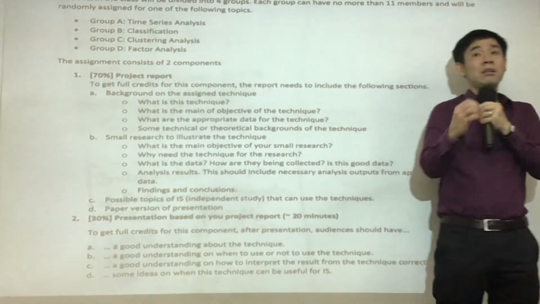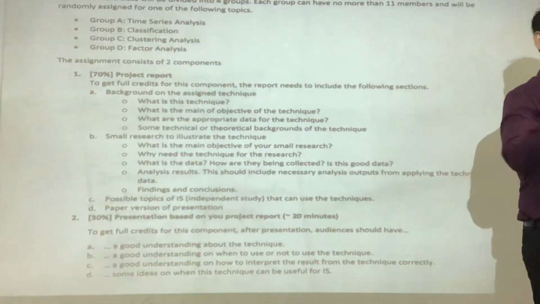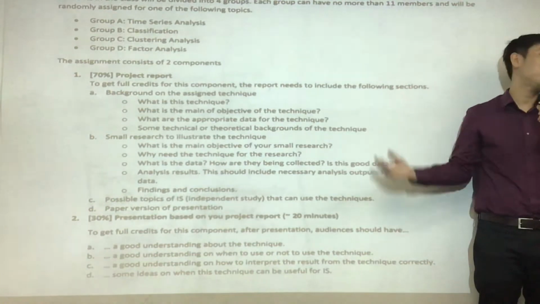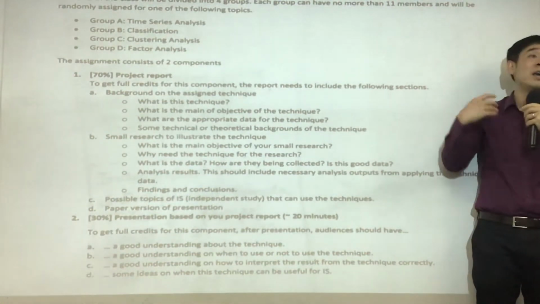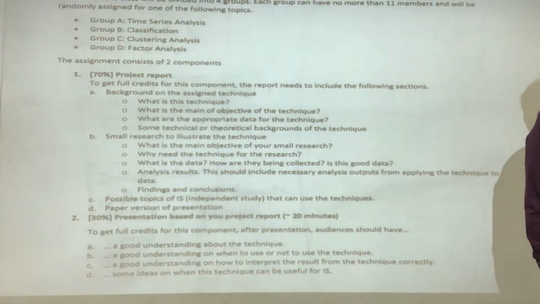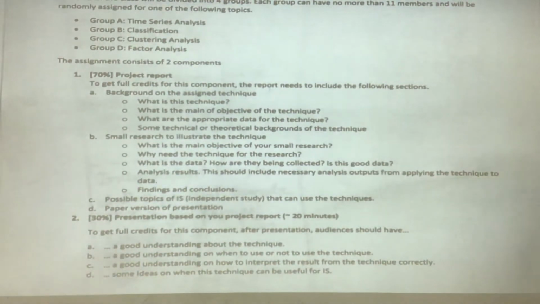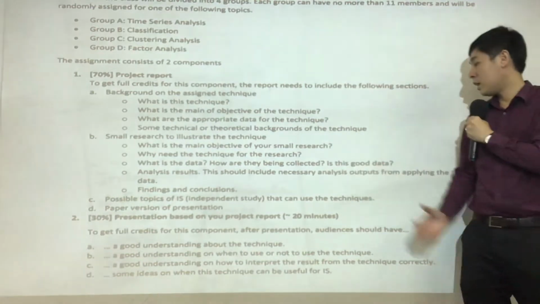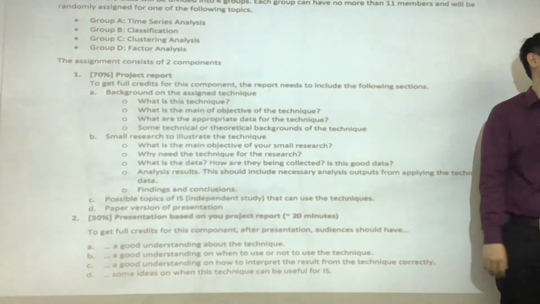For this, you can collect data by yourself. You can ask people and collect data, or maybe you can find it somewhere on the net. But it's supposed to be some kind of real data. Then, how were they collected? Is this good data? Why not? That kind of thing.